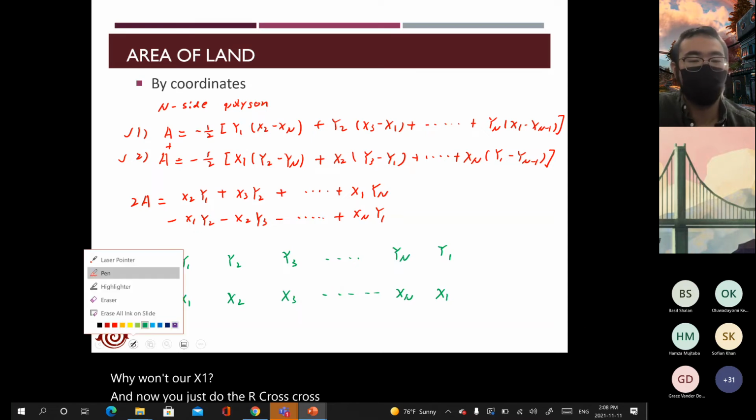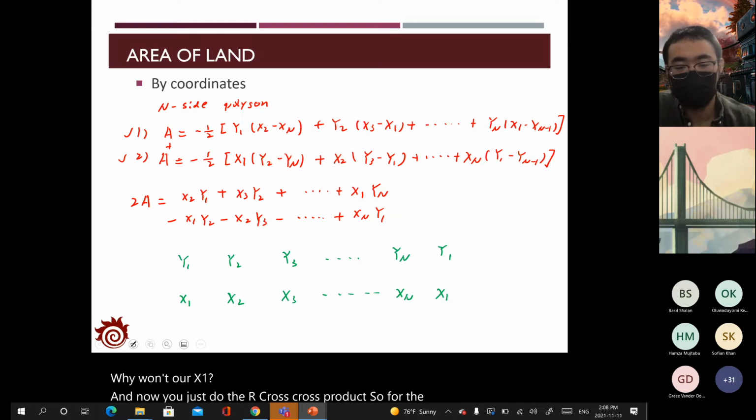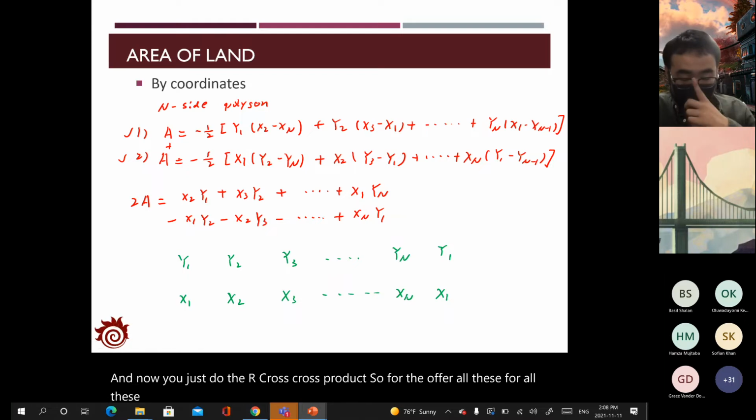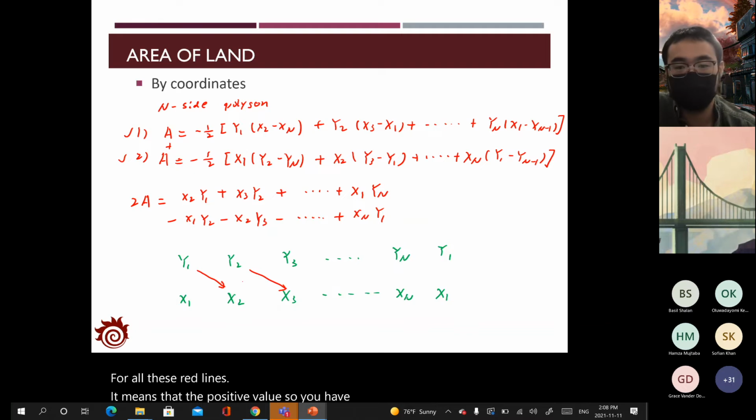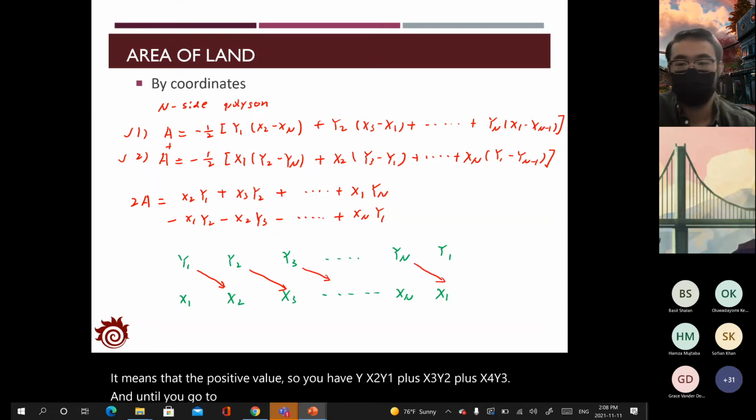For all these red lines, it means the positive value. So you have x2 y1 plus x3 y2 plus x4 y3, until you go to x1 yn.